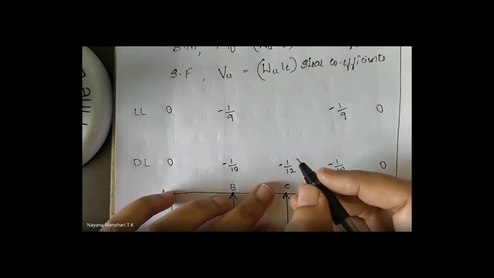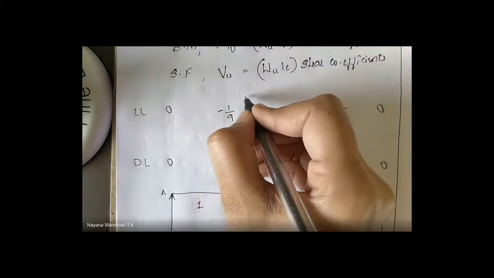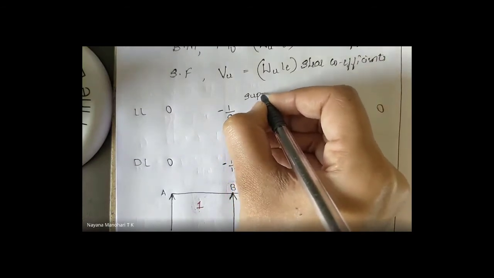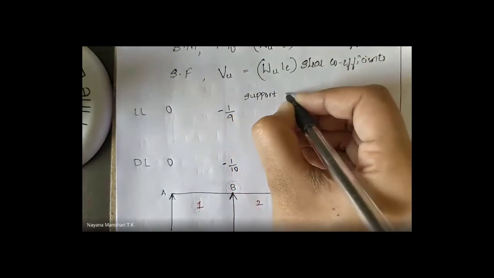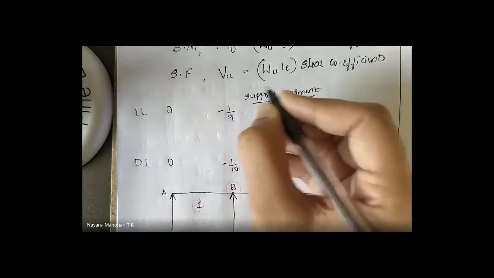Next, for the live load, it is minus 1 by 9. Minus 1 by 9. This is your support moment.